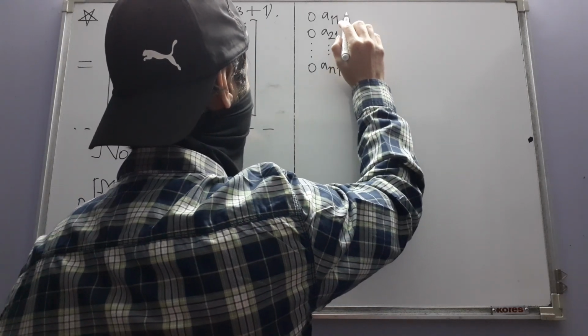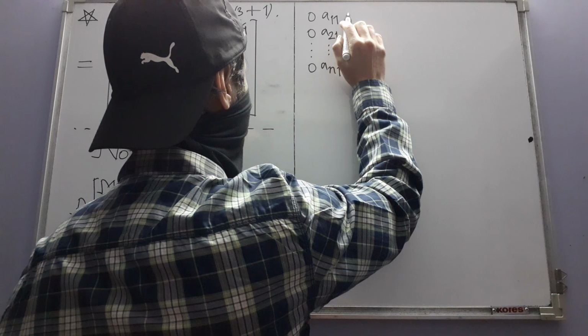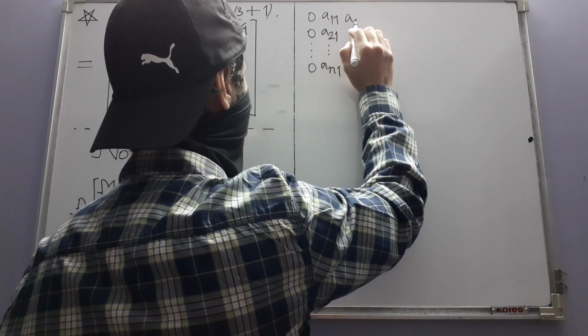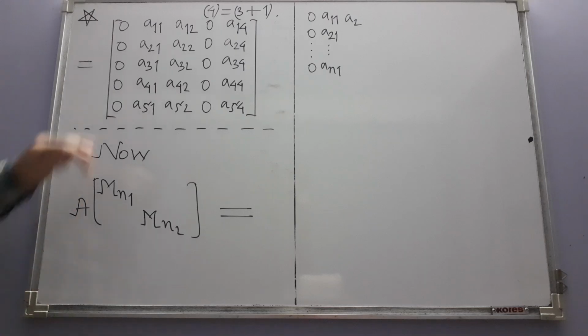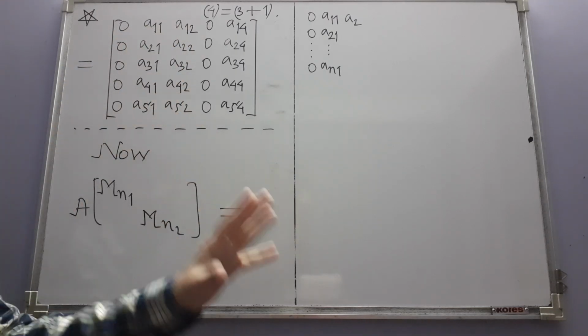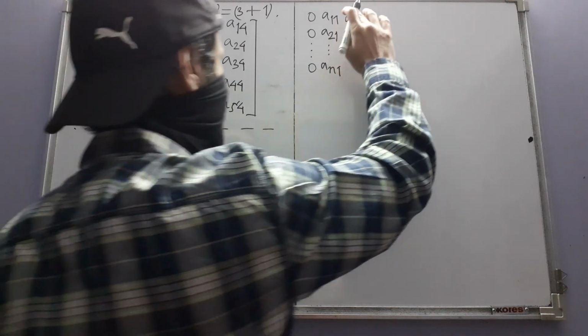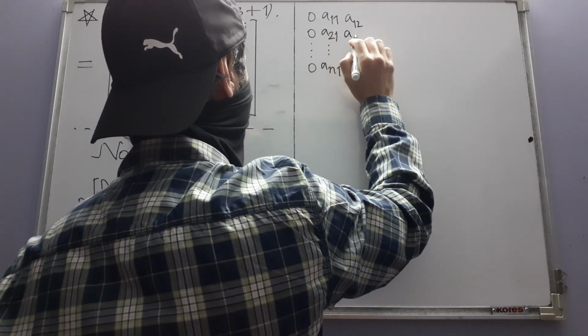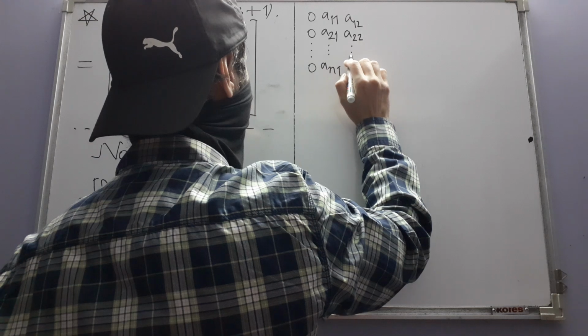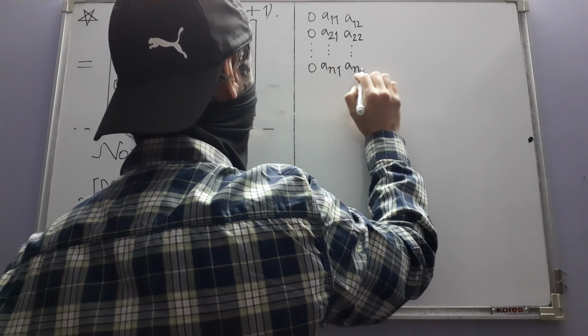The next one also I should show actually. So what will be the next one? The next one will be my second column actually. The second column of A now becomes the third column. A12, A22, An2.